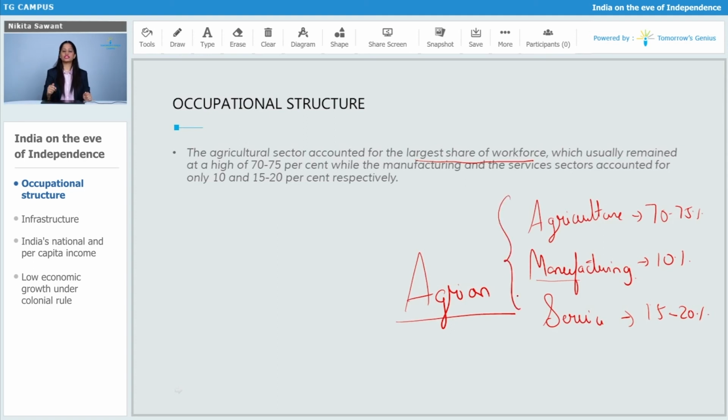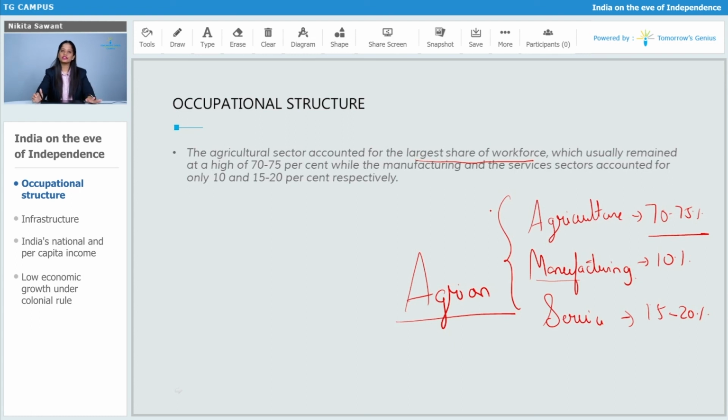So this was the status of India's occupational structure, wherein the largest share of the people were dependent on agriculture. And the main reason for this was that the majority of people were living in villages. Villages had no development, and hence people were forced to choose agriculture and other related activities as their occupation.